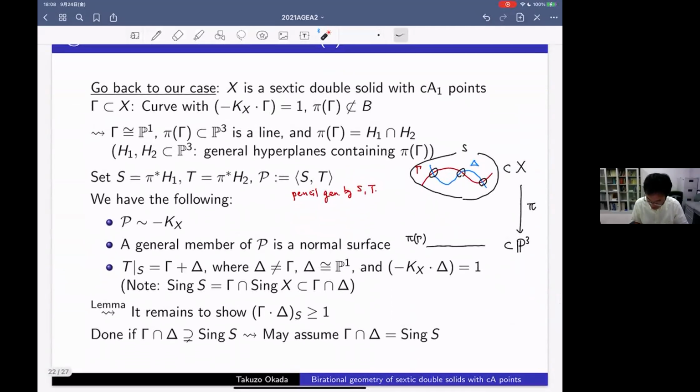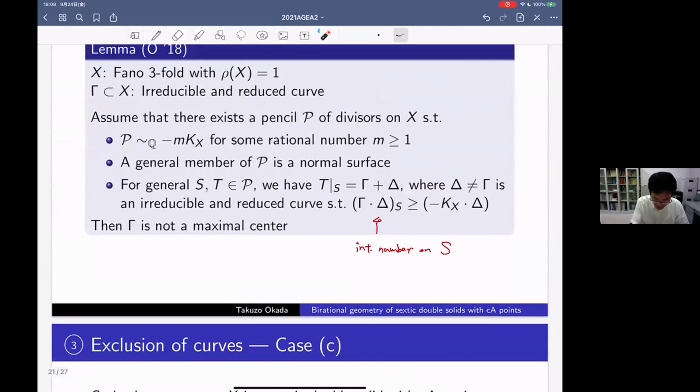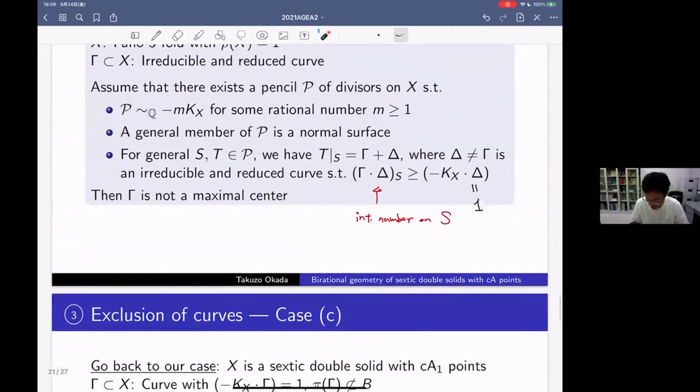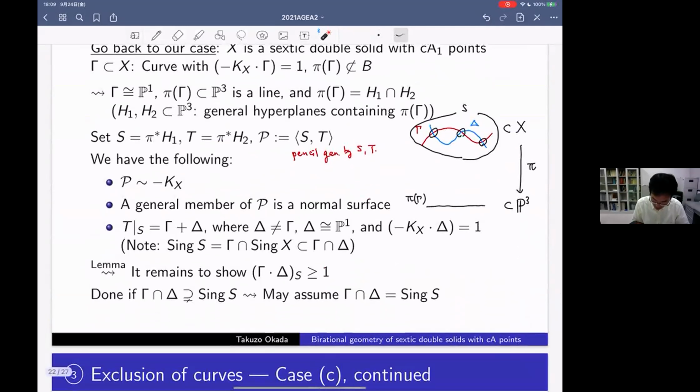We have minus KX delta is 1, in our case. So it remains to prove this inequality: the intersection number of gamma and delta is at least 1. So this is the goal.